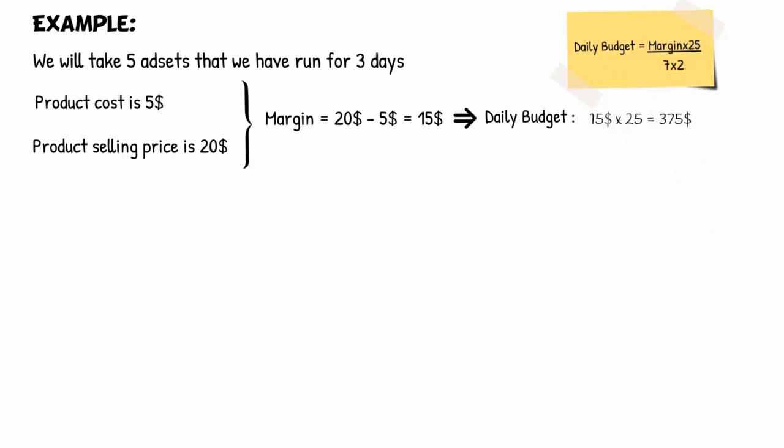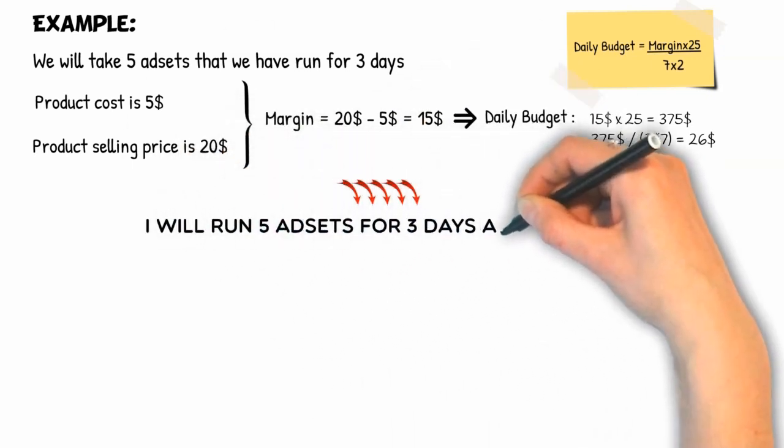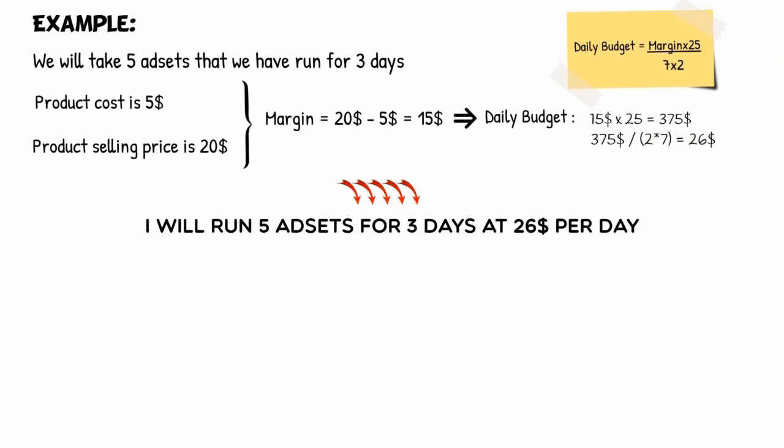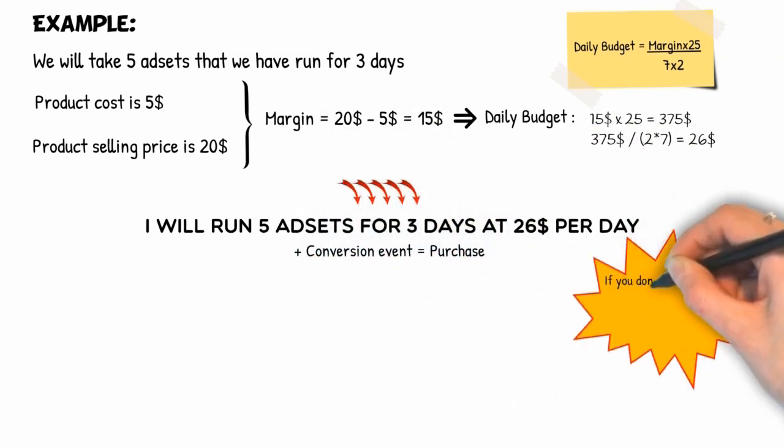I will multiply 15 by 25, it will give me 375. Then I will divide it by 7 and then by 2. I get the final answer of 26. So I will run 5 different ad sets for 3 days at $26 per day. And I will use purchase as my conversion event.